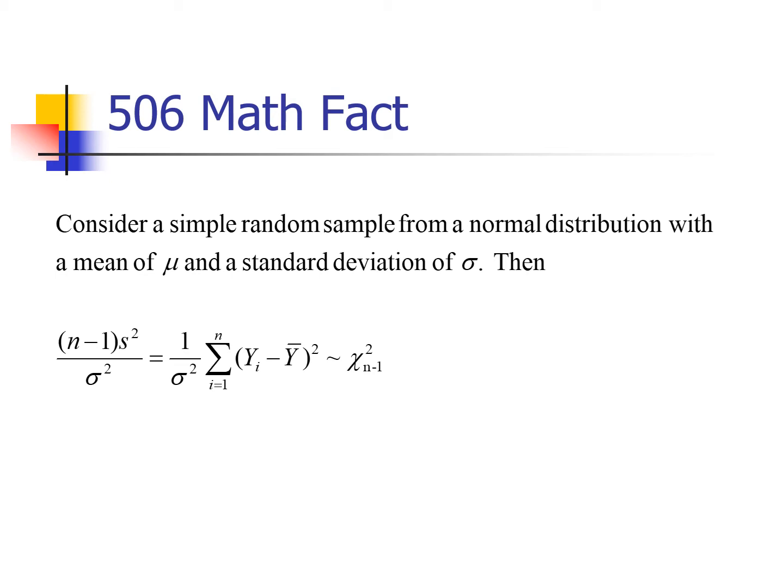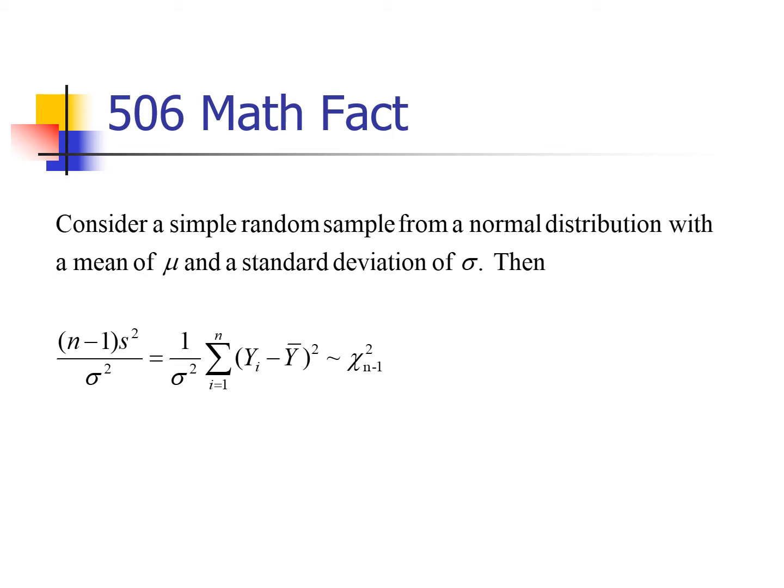Now, let's go back to 506. This is a math fact. You could prove it if this was a theorem-proof kind of class. Consider a simple random sample from a normal distribution. We all know what a normal distribution is, right? Even if we've not taken 505, that's just basic stats 101. My kids learned that in kindergarten.